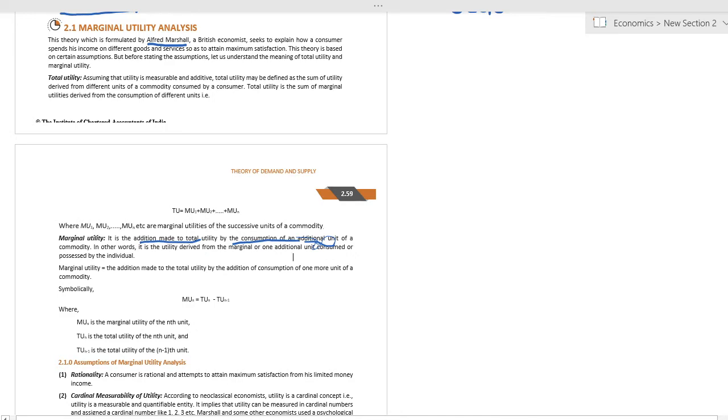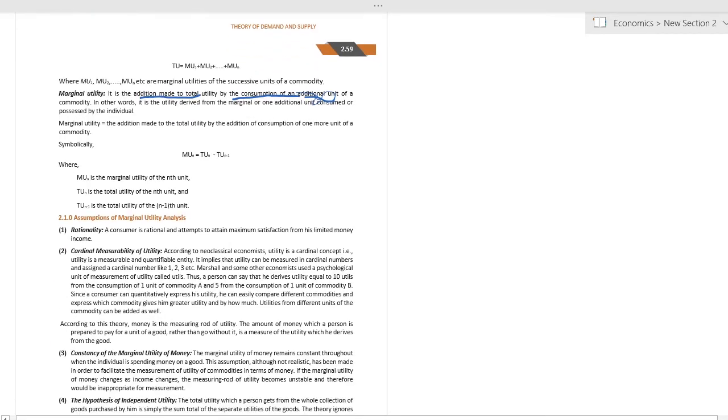So there are certain assumptions in this marginal utility analysis. First one is the consumer is rational. The consumer is rational and attempts to attain maximum satisfaction with his limited money.